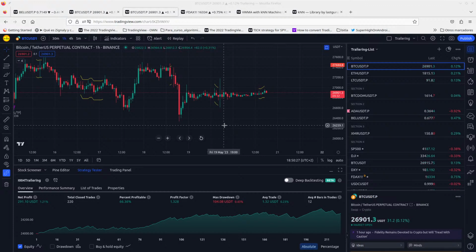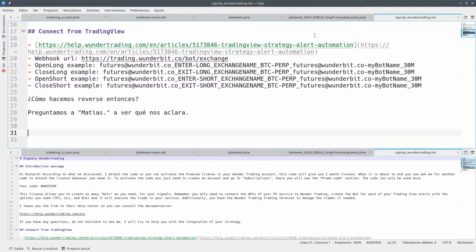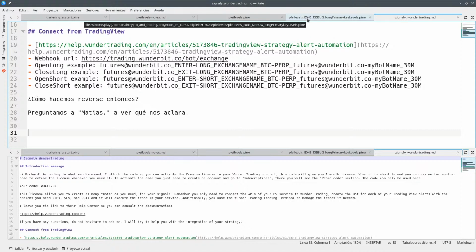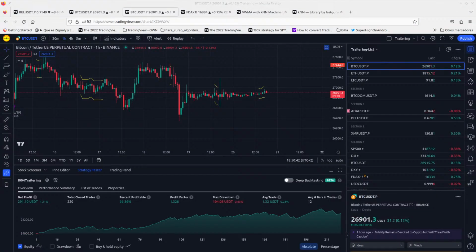What I wanted to do here is add some additional code. So let me find the strategy that I have somewhere in my hard disk.